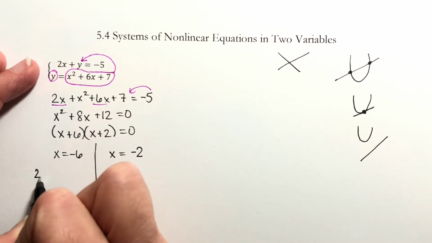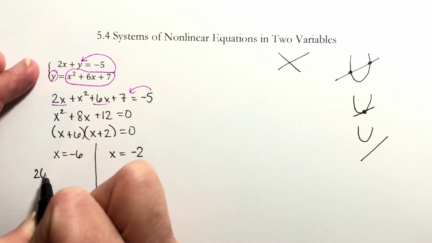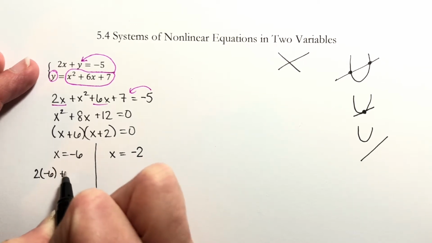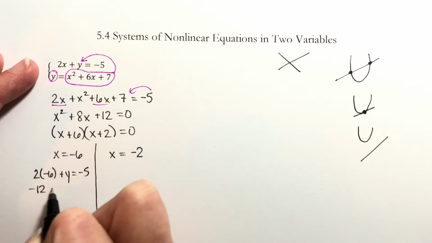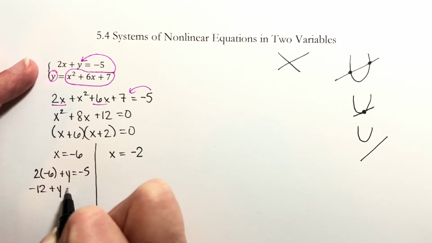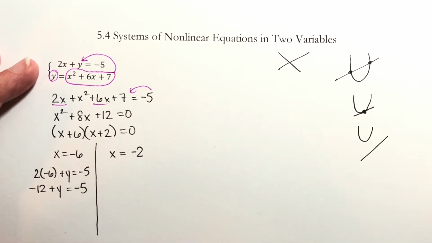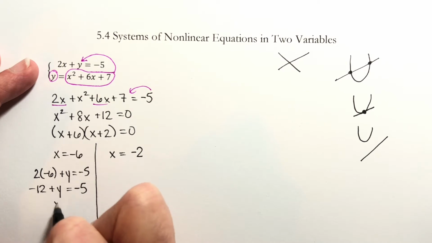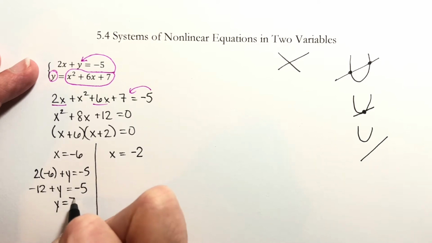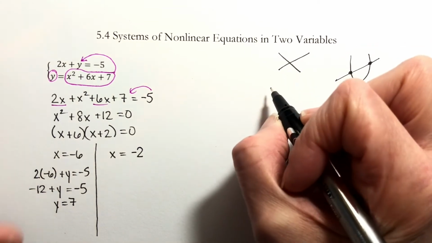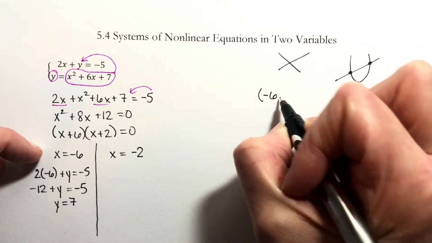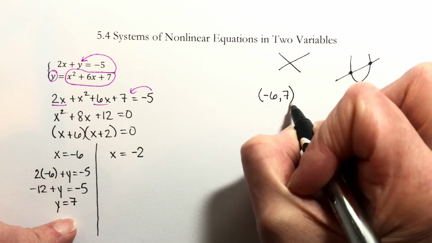So this would be 2 times -6 plus y is equal to -5. -12 plus y is equal to -5. Now add 12 to both sides, and we get y is equal to 7. So one of our solutions is the point -6, 7.